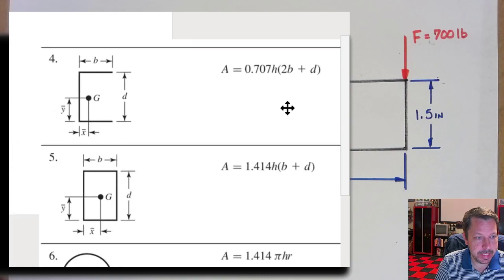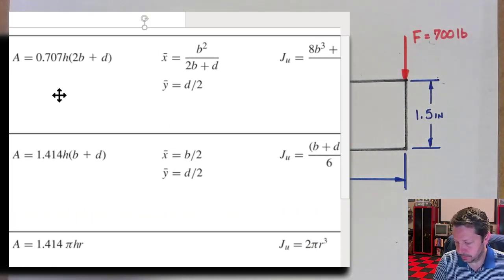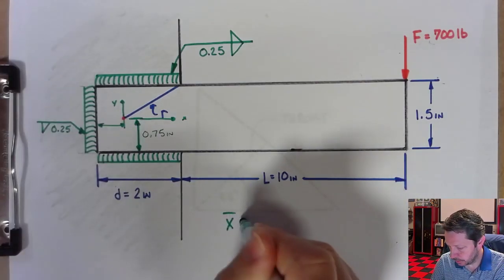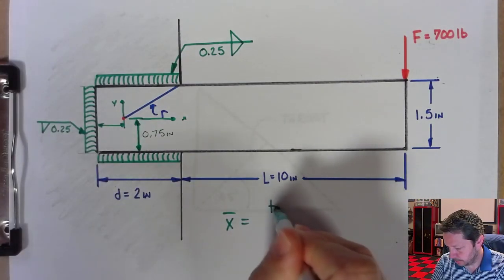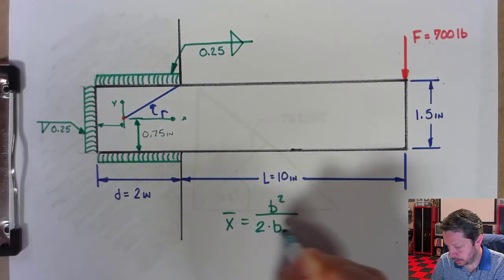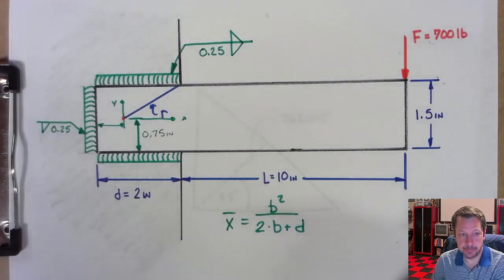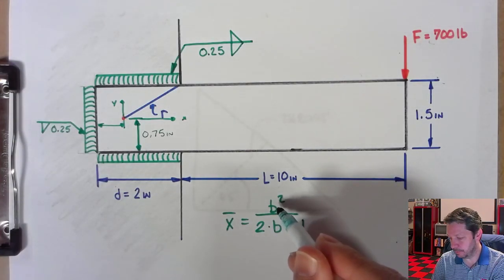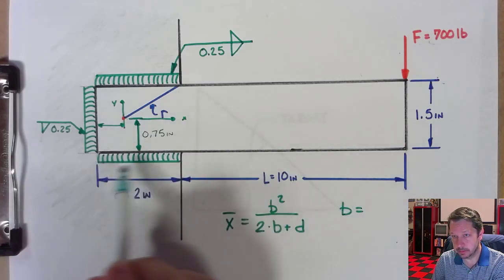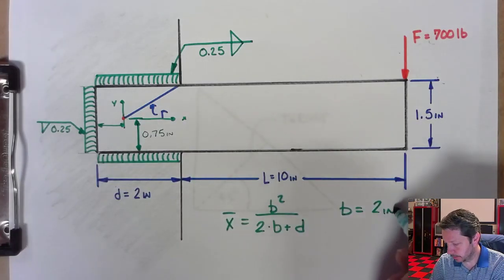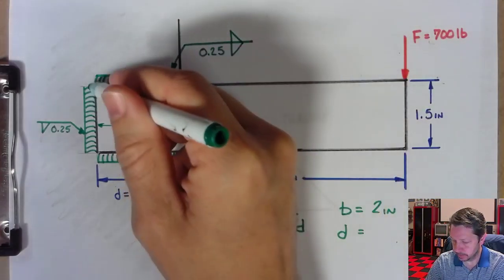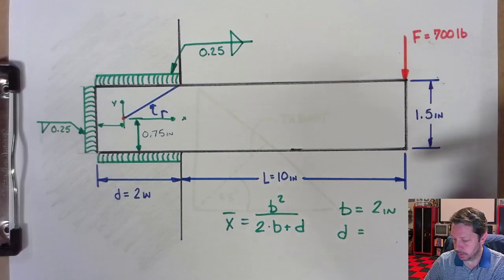So X bar equals b squared over 2b plus d. And for them, b is this dimension, 2 inches, and d is this dimension, 1.5 inches.